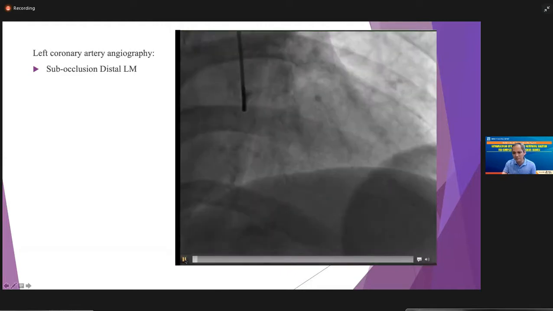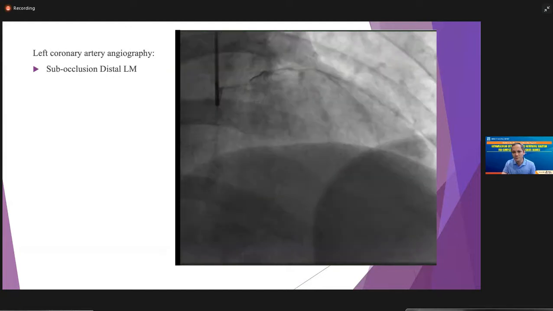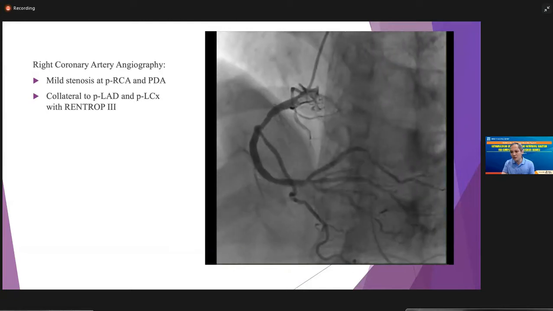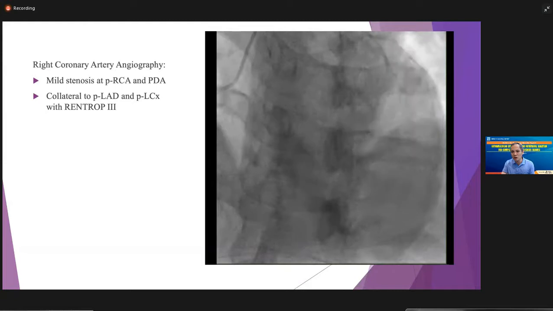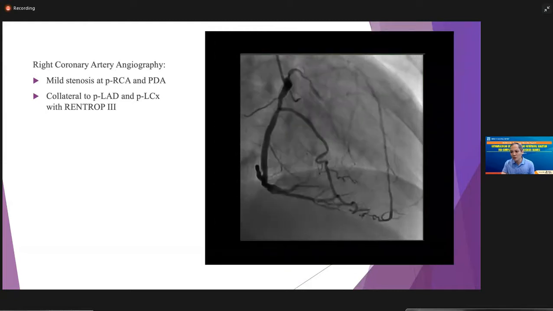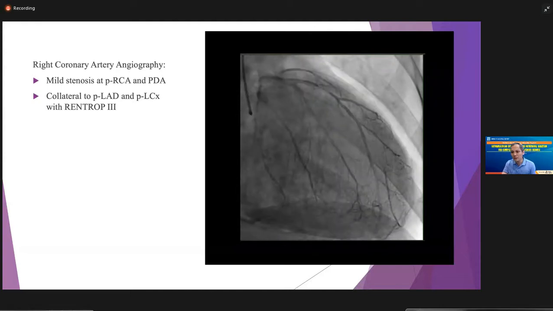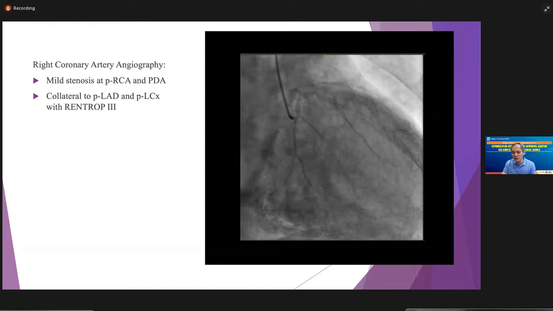We see again. The RCA is fine, and the collateral from the RCA to the left is good collateral. And there is stenosis in the middle of the LAD.